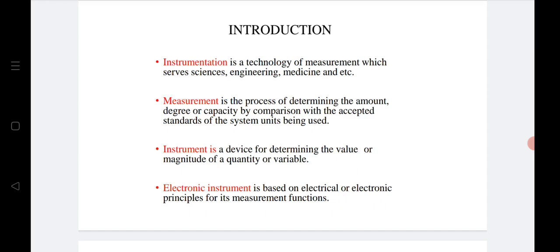Coming to our next definition, instrument. An instrument is a device for determining the value or magnitude of a quantity or variable. So an instrument is nothing but a device to determine the value or magnitude of a quantity.